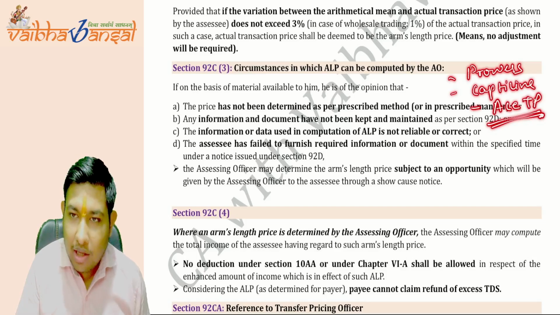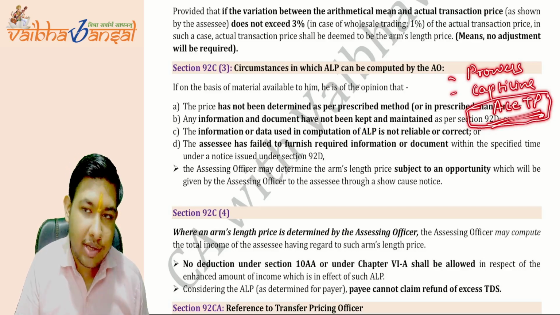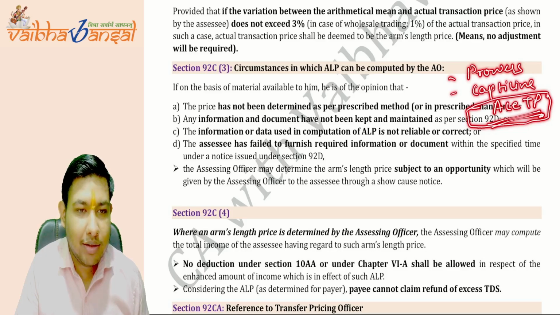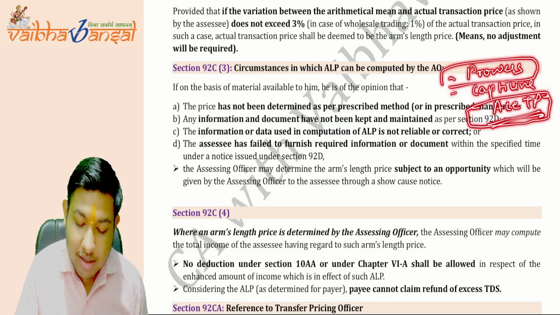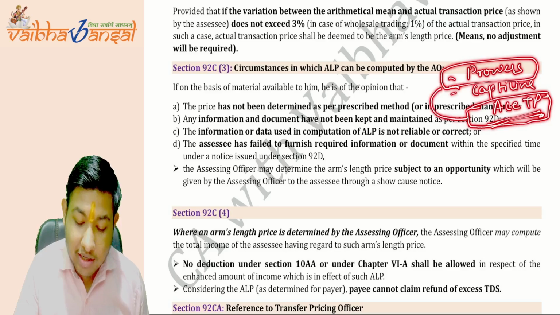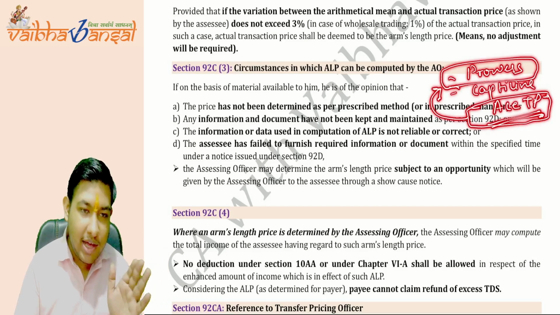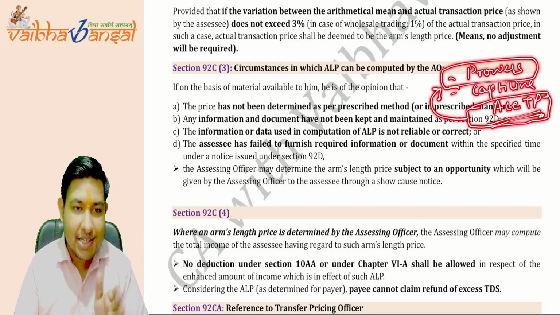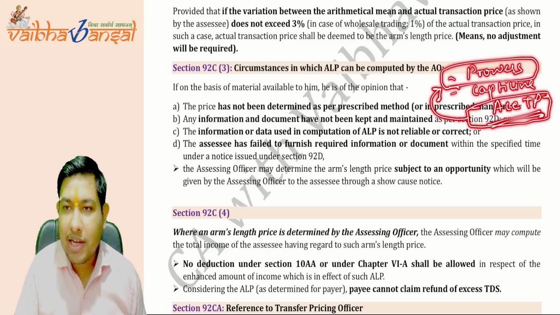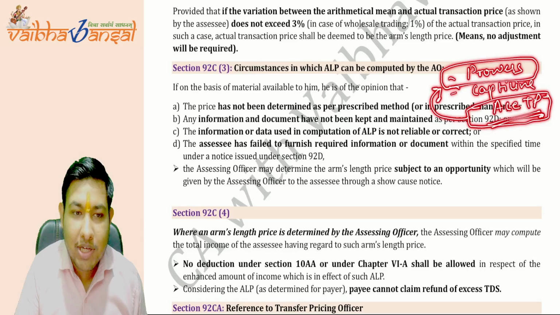Now, you have taken the data from the ASTP, but the department, the AO, has the software Prowess. He has fetched the data from Prowess, and when comparing it with the ASTP data that you provided, he notices that the data in the ASTP is not reliable.